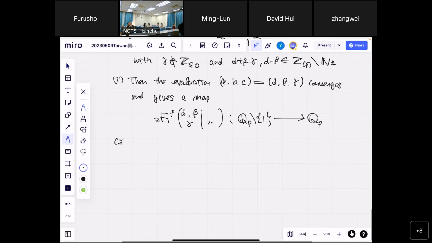My second result is that, especially when the p-adic absolute value of G is smaller than 1, in that case it agrees with the usual power series expansion.